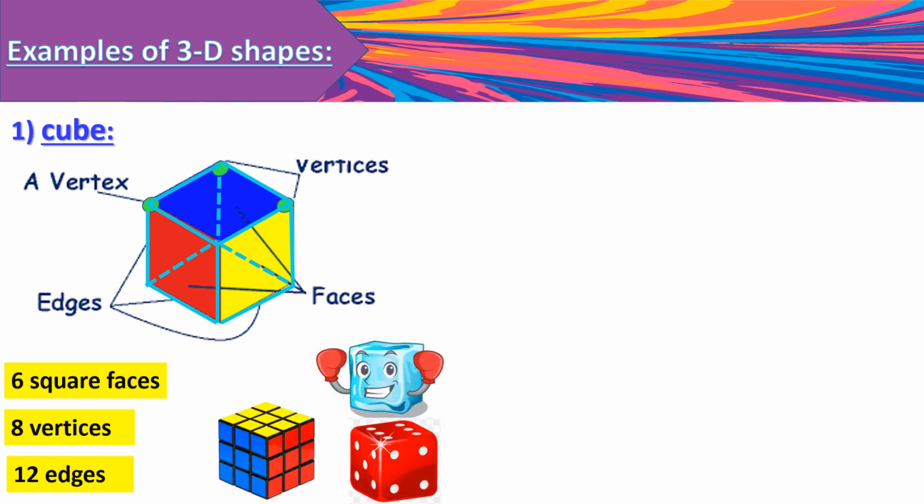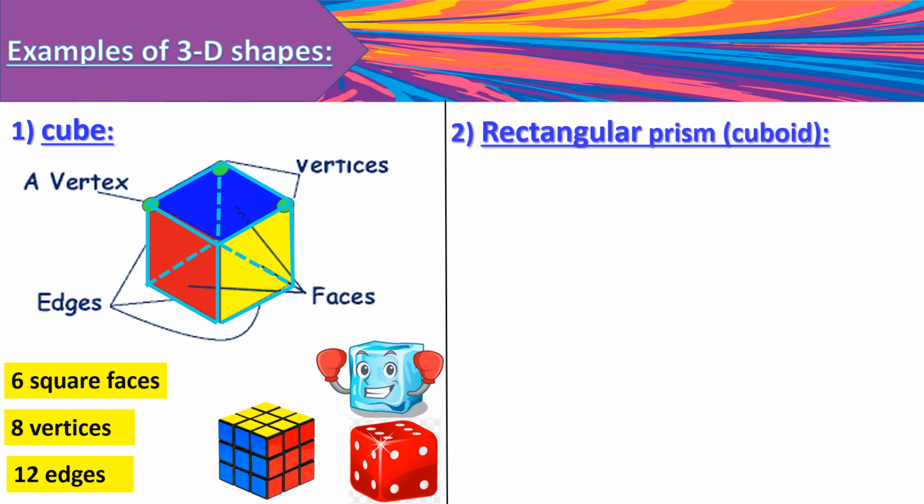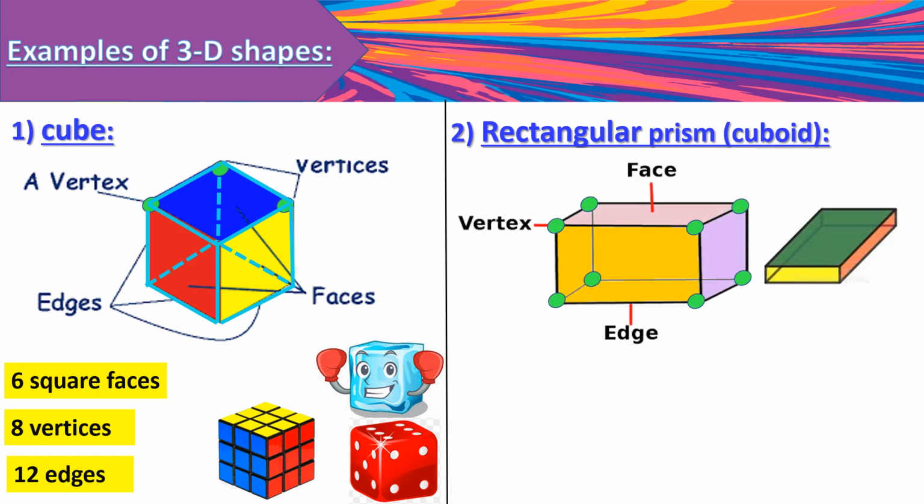We can find this cube in our real life, like the ice cube and the dice and this game. It's like a cube also. Number 2, rectangular prism. It can be called a cuboid. It's like the cube, but not all of its faces are squares. They can be squares or rectangles.